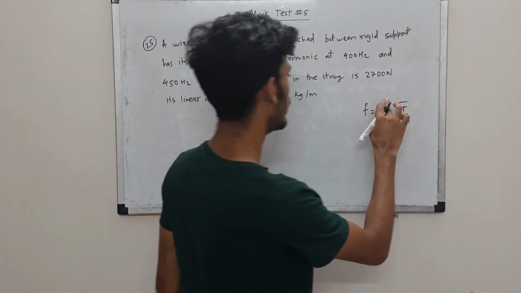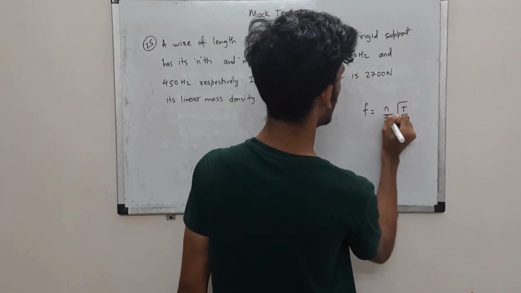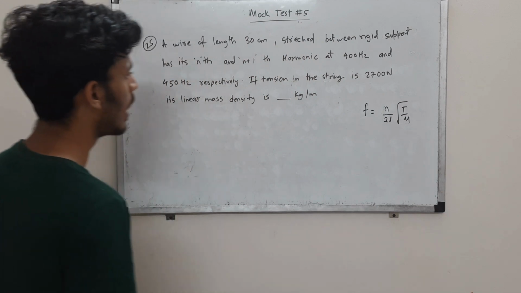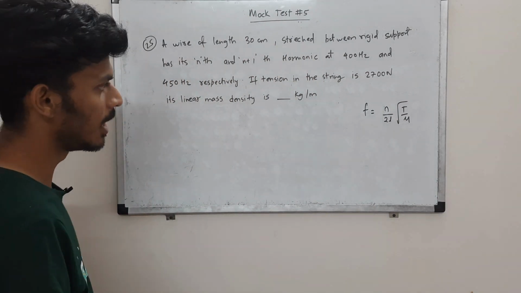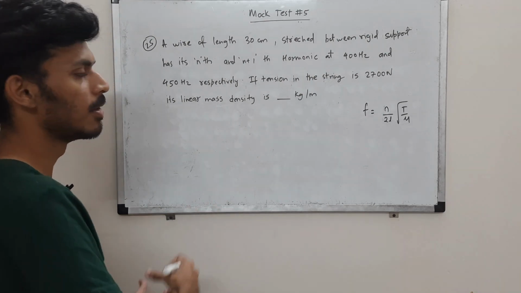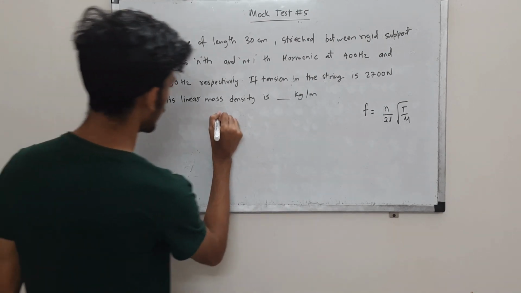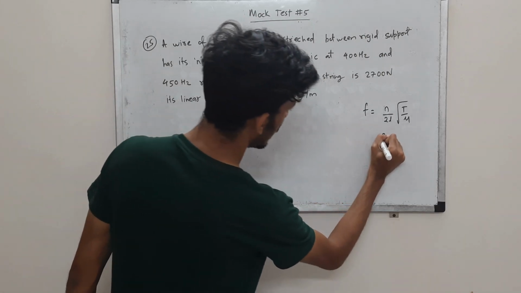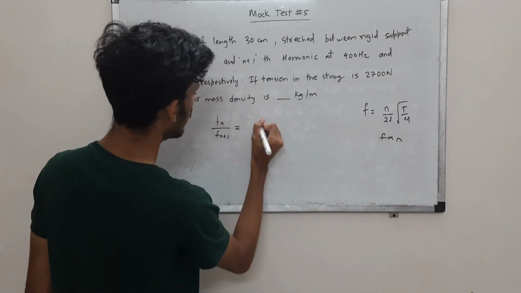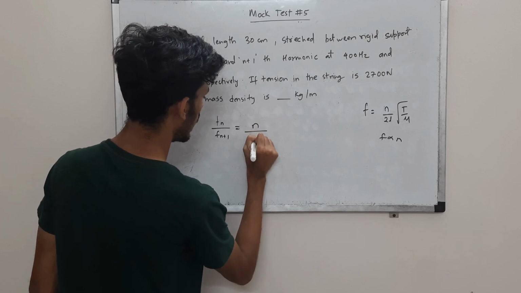But here we are given different harmonics. So here basically we are supposed to consider n times the fundamental frequency, right? The nth harmonic will be n times the fundamental frequency. So Fn upon Fn plus 1. You can see there is a direct relationship between F and n, so it will be n upon n plus 1.